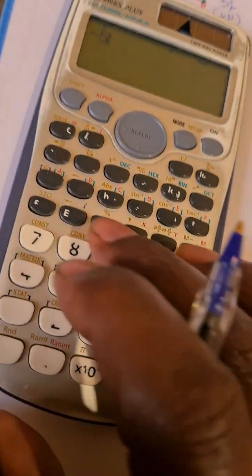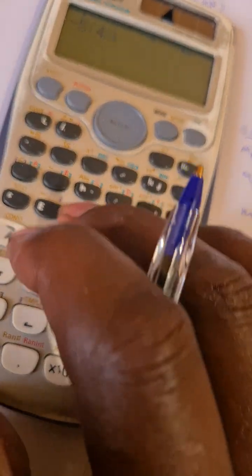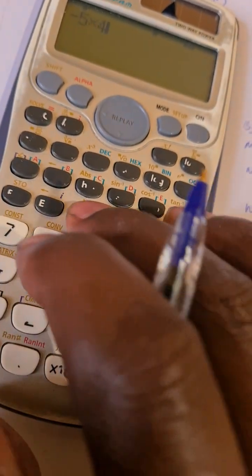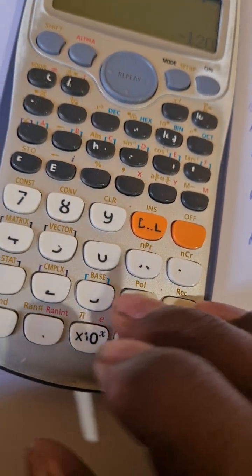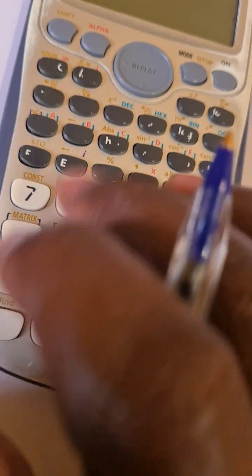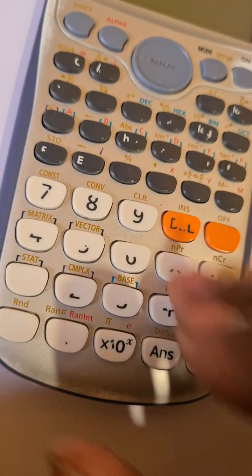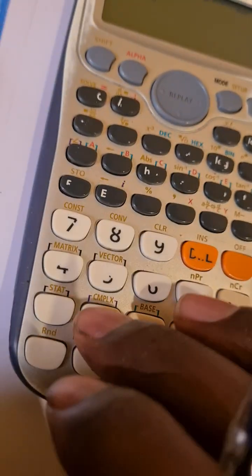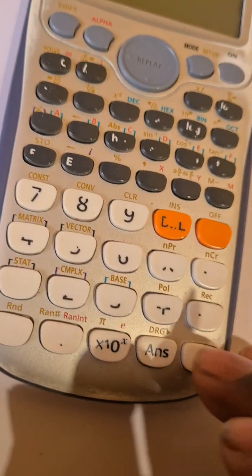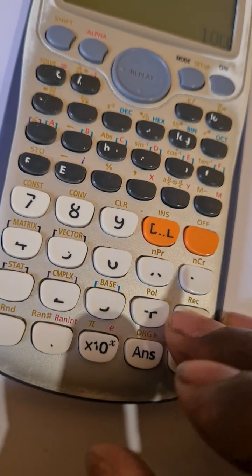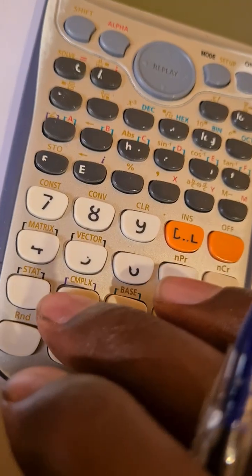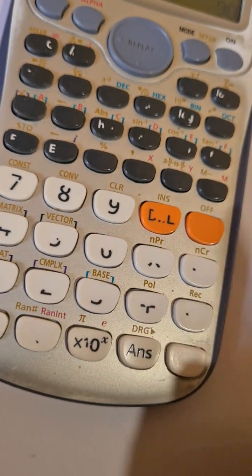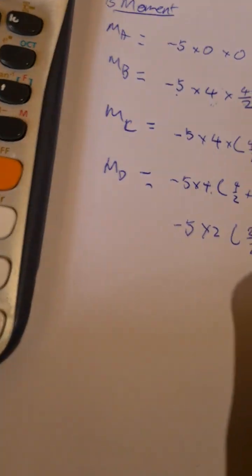So it's minus 5 times 4 into 6, plus 65 times 4, minus 20 times 2, minus 5 times 2 times 1, equal to 90 kilonewton meters.